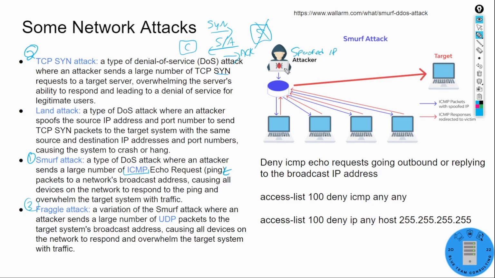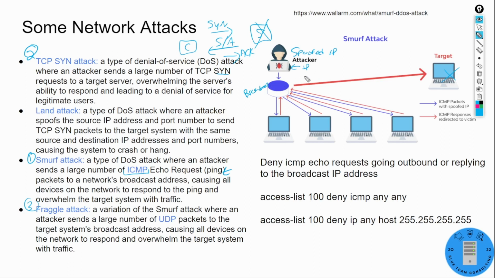The attacker is obviously not going to use the IP address that's allocated to their attacker's machine. They're going to spoof it to make it the IP address of the target machine that they're trying to DOS and bring down. So the attacker is going to send a large number of ping requests to a router's broadcast address.